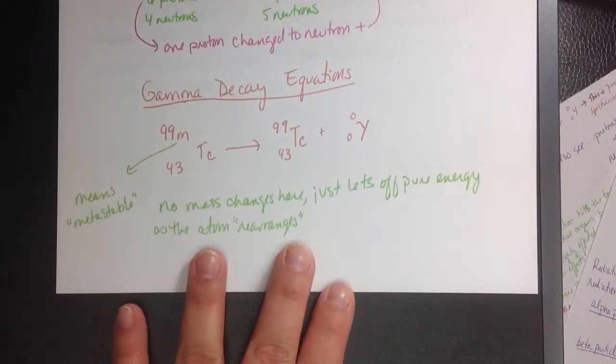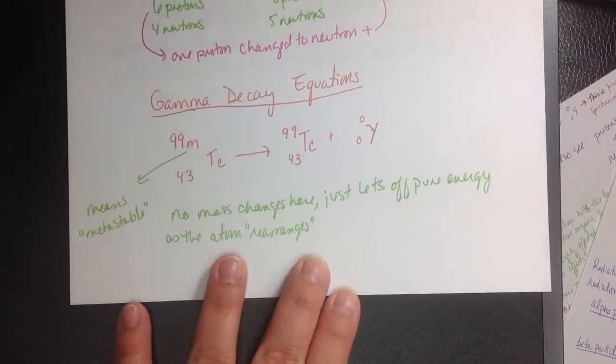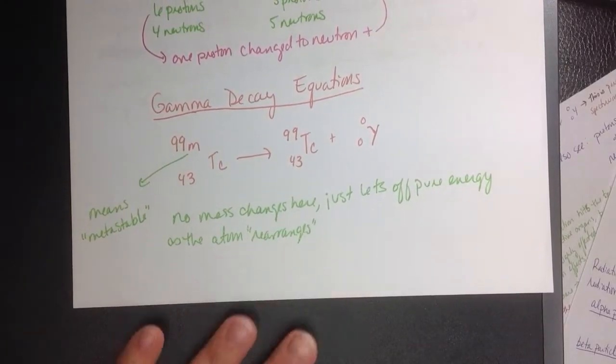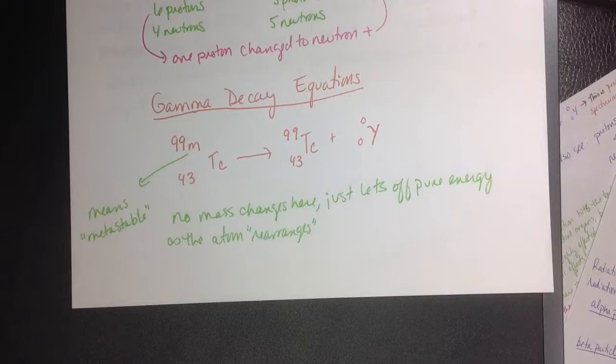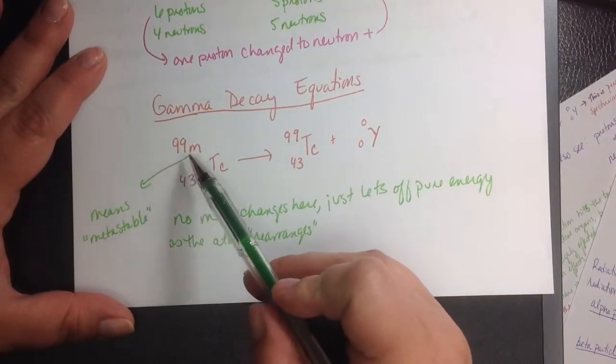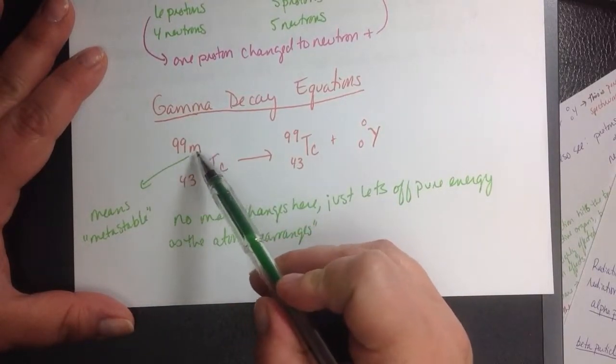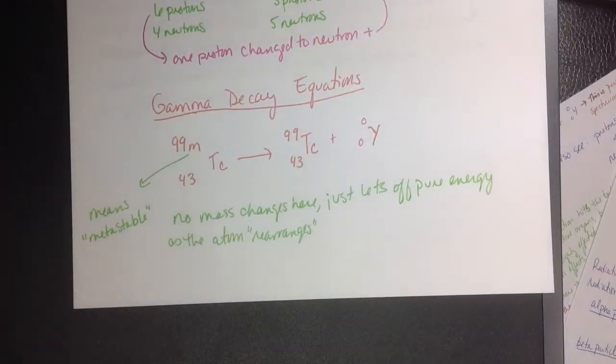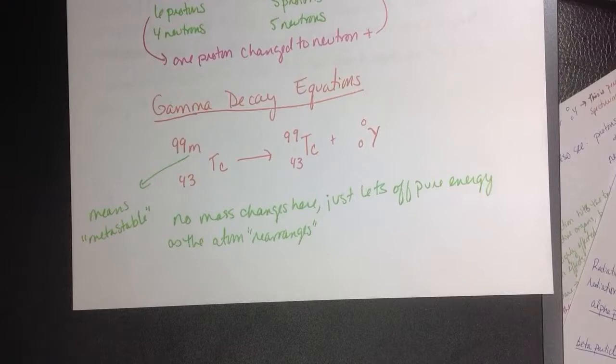Last are the gamma decay equations. The cool thing about gamma decay is that it's not really changing anything. What we designate as the start is 99m. This m means that it's metastable. I like to think of this as you're starting off standing on your head.